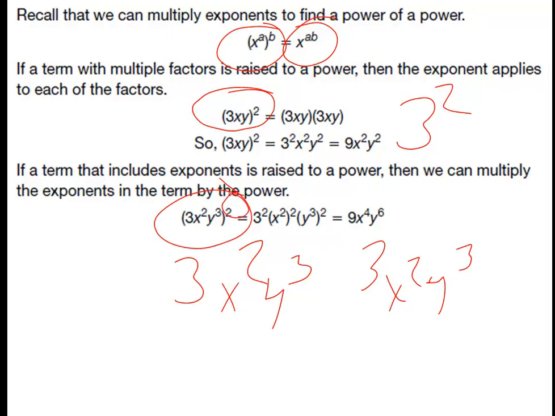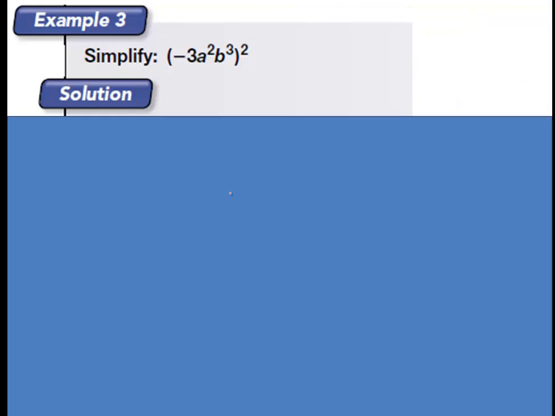All right, let's see if we can do one of those. Okay, so I'm going to take negative 3a squared b to the 3, and that's going to be times the same thing again, negative 3a squared b to the 3, because we've got this exponent out here. So now we can pull it apart. Negative 3 times negative 3. We've got a squared times a squared, and we have b cubed times b cubed.